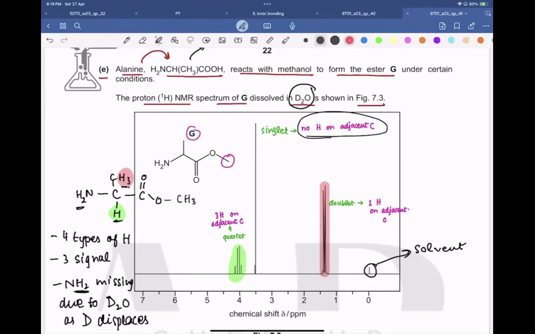So this signal is of these three hydrogens, and as there is no neighboring carbon with hydrogen, we get a singlet. Is it clear now?